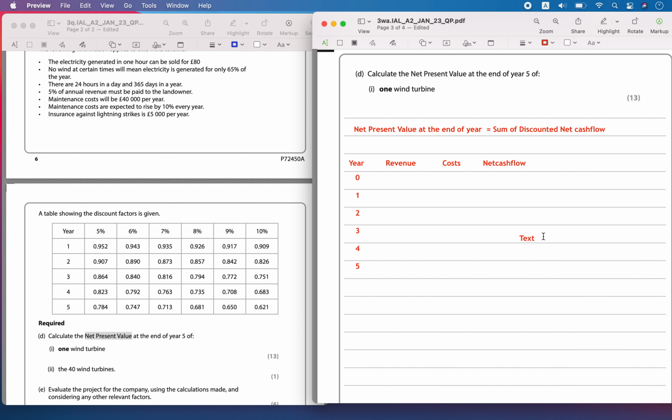Then there is a discount factor at 7%, because you are going to choose this option B. You will calculate the discount factors, then you will get a net discounted cash flow.